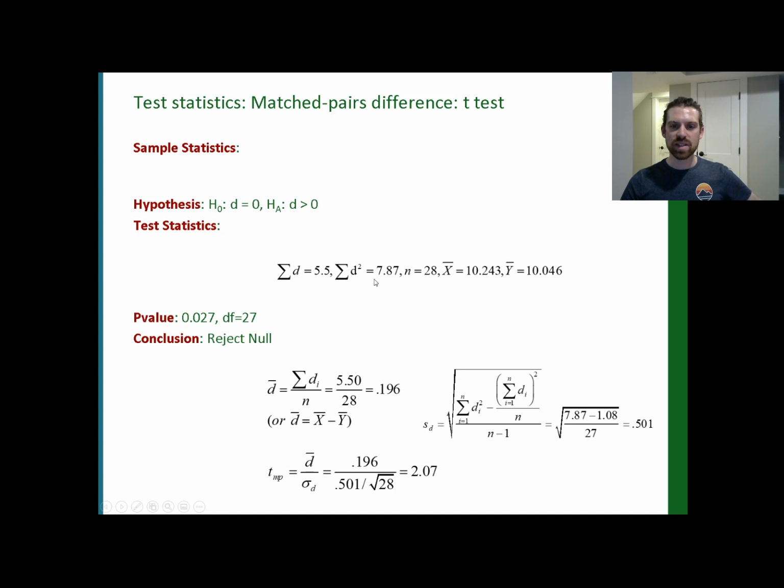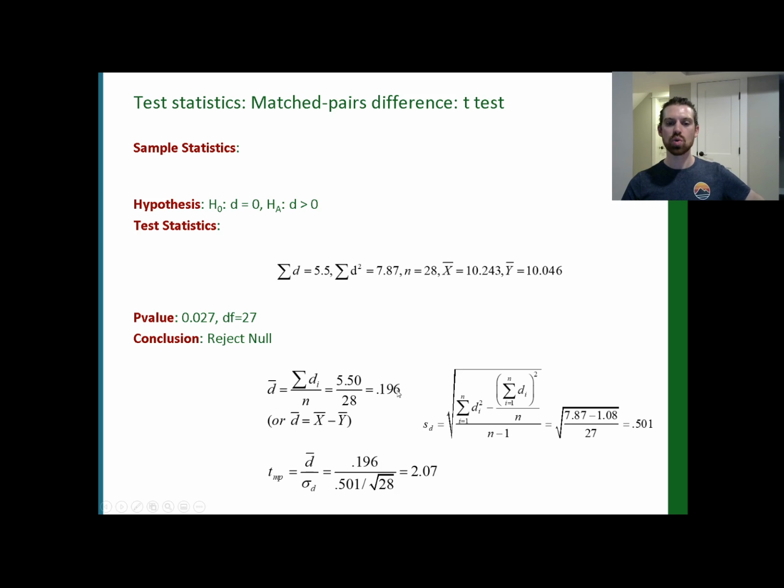So we then have these key values that we've calculated up here. We need to do d bar divided by this sigma d value here to get this TMP test statistic. To get that d bar, we need to take the sum of all of the di values, which is 5.5, divided by the number of samples that we've got, which is 28.